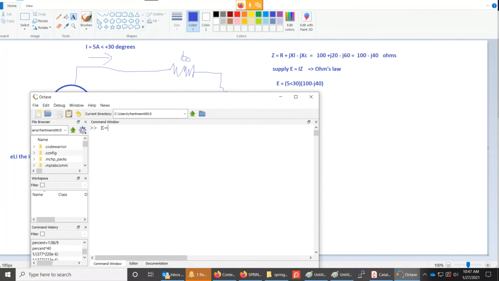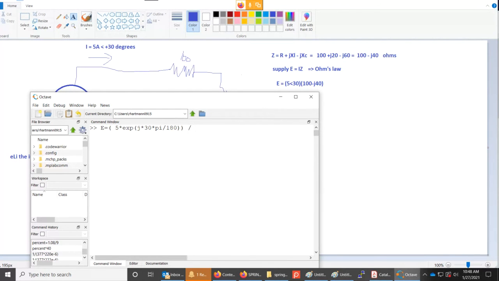We have 5 times EXP of J times 30 degrees times pi divided by 180 degrees, because you have to convert this to radians. So we have pi on top, we have 30 degrees divided by 180 degrees, the degrees cancel and you're left with radians.